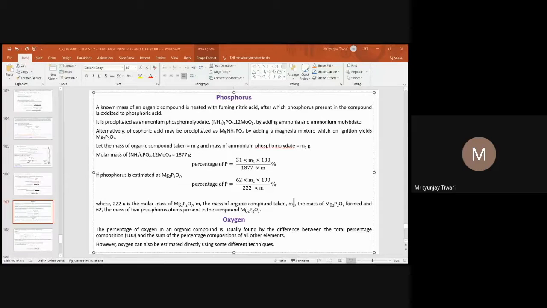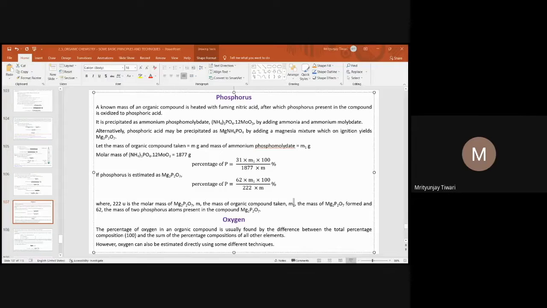Subtract the sum of the percentage compositions of all the other elements present in the organic compound, whose mass percentages we have already discussed. That is one way you can obtain the mass percentage of oxygen. However, you can also obtain it directly using some other method.